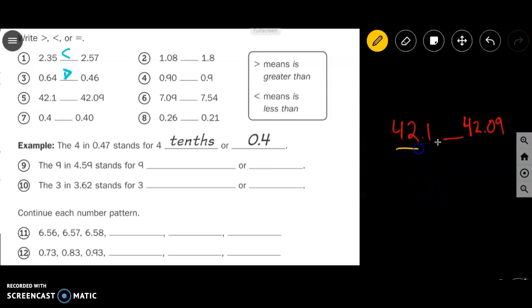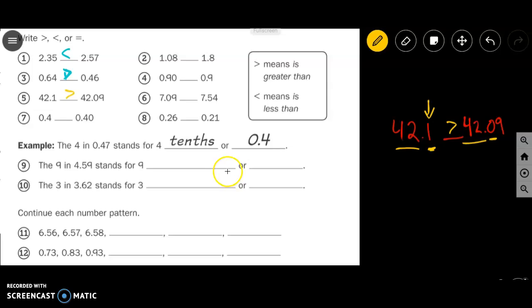All right, and we see that these two are the same. So then we go to the tenths place. Okay, we see that we have 1/10 here and we have nothing in the tenths place there. So generally, if you have a number that is greater in the tenths place than the other one, then this one is going to be the smallest number.